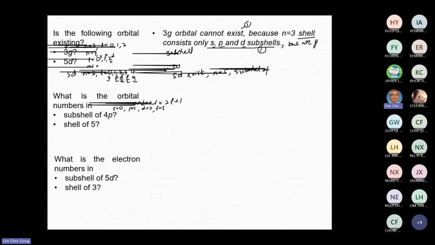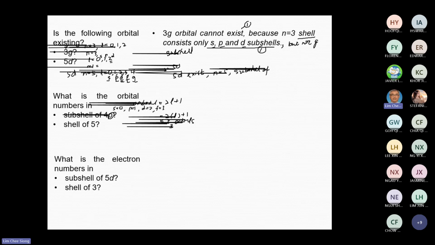So P equal to 1 over here, just substitute: 2 times 1 plus 1, equal to 3. So right now, 4p is considered 3 orbitals. Clear? Clear. Okay, next one.